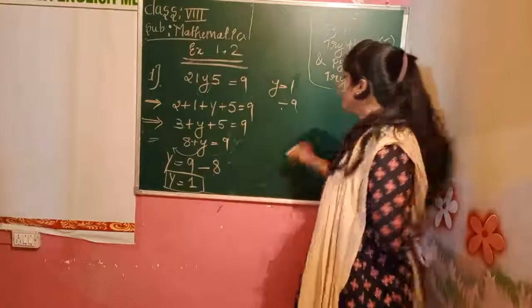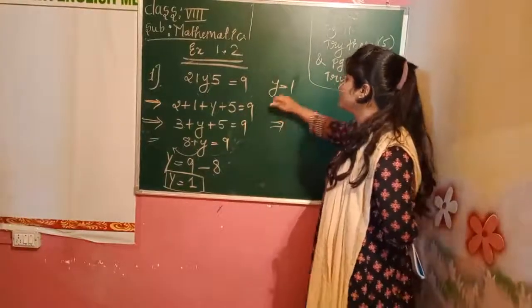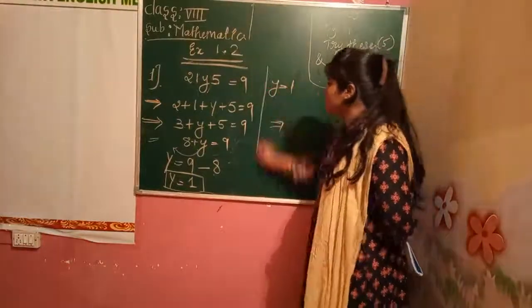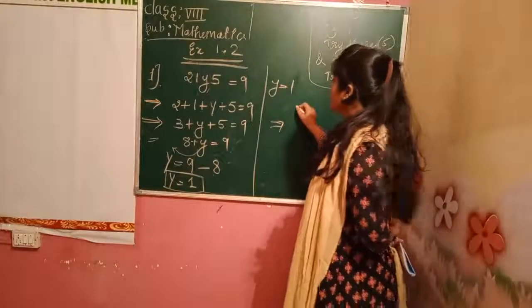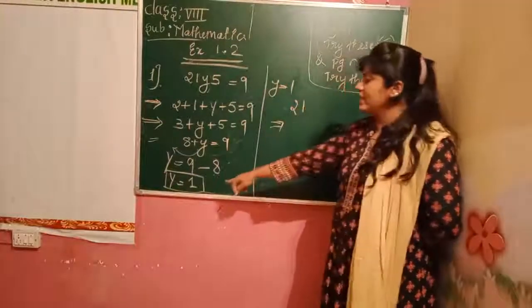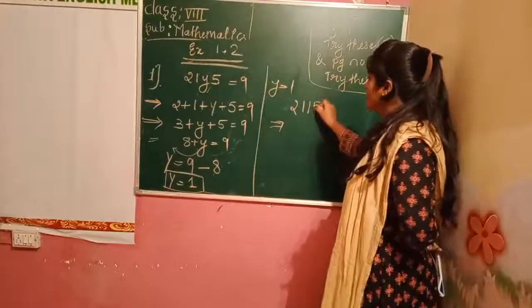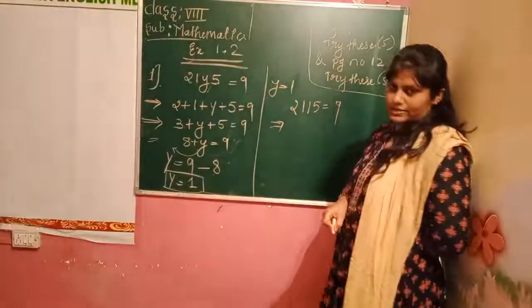Now we will move on to our divisibility test. 2 plus 1 plus 1 plus 5 is equal to 9.